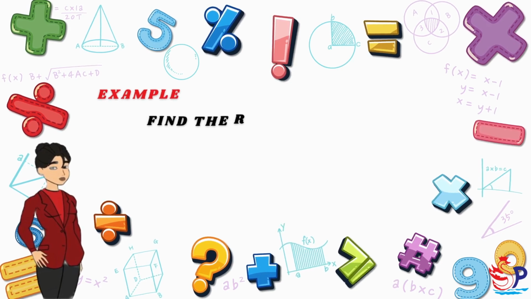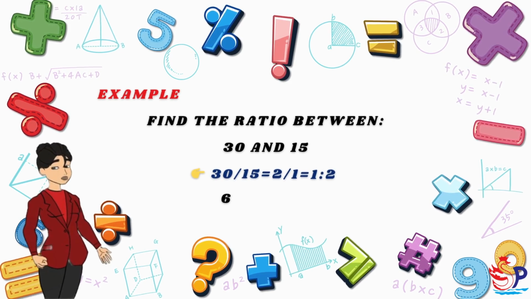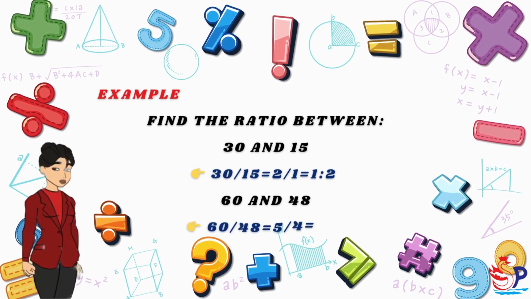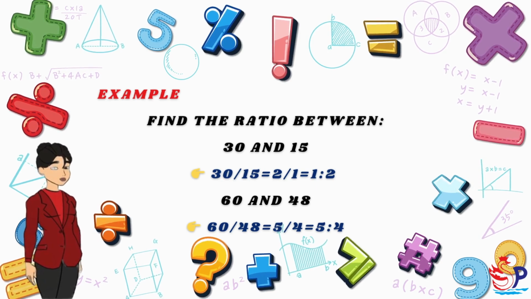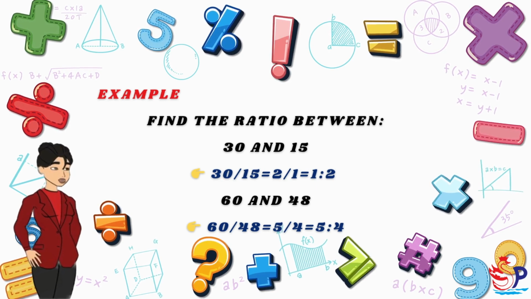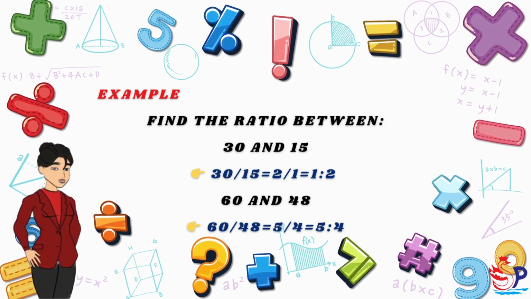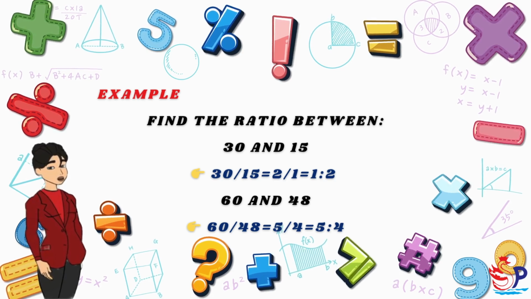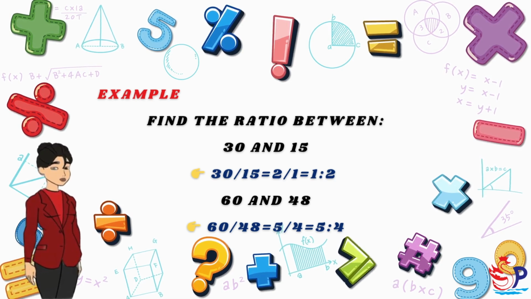Example, find the ratio between 30 and 15. 30 by 15 is equal to 2 by 1, which is equal to 2 is to 1. 60 and 48. 60 by 48 is equal to 5 by 4, which is equal to 5 is to 4.